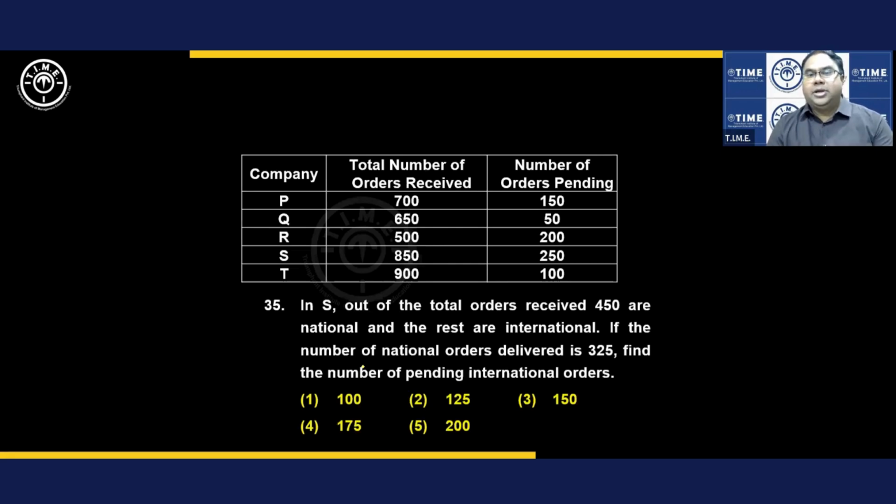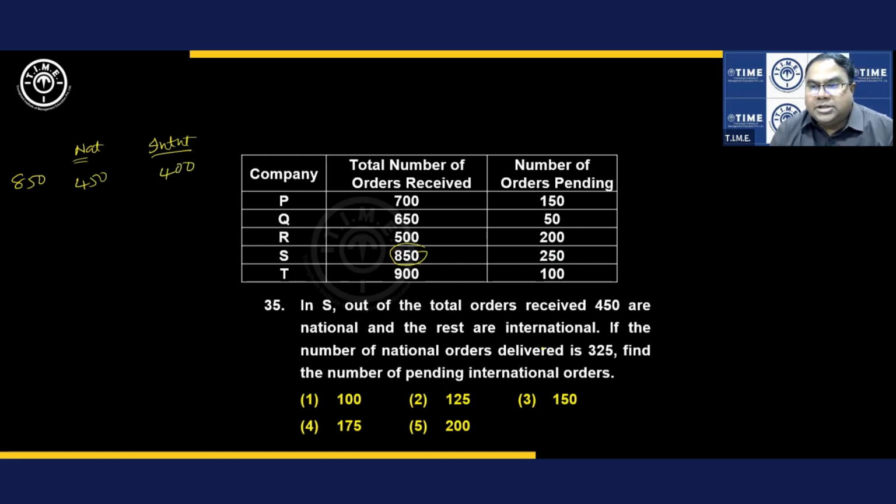Next, in S, out of total orders received, 450 were national, rest were international. Yes, total orders received 850. Out of this 850, national 450, international 850 minus 450, 400. Right?